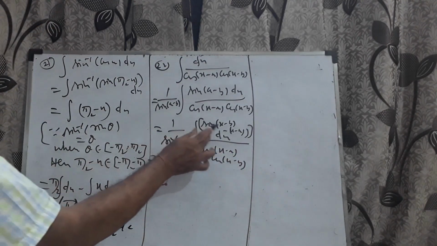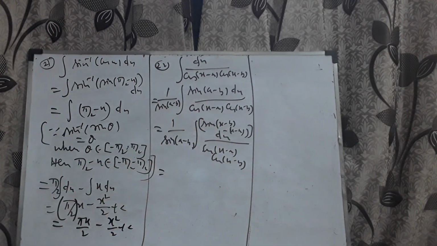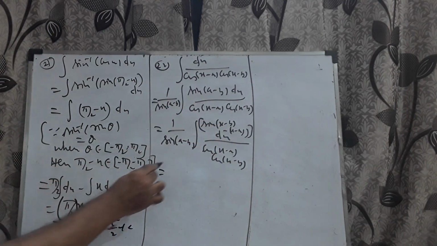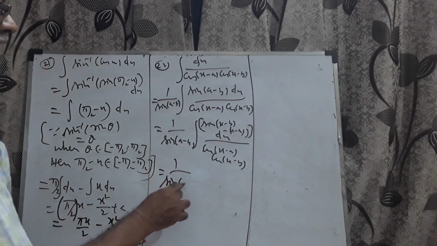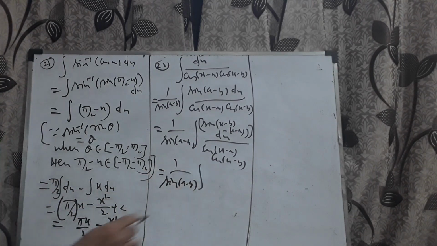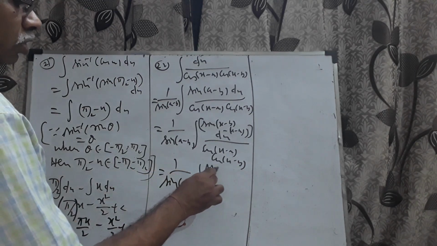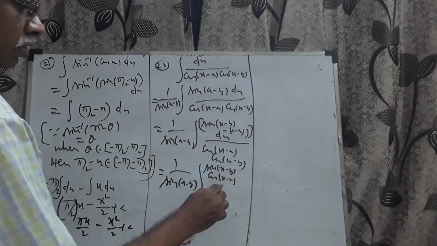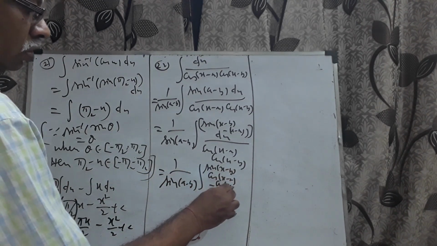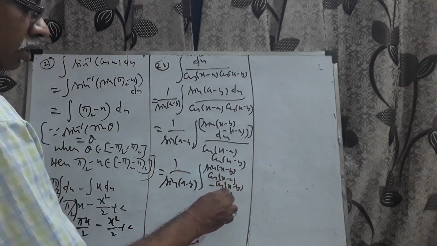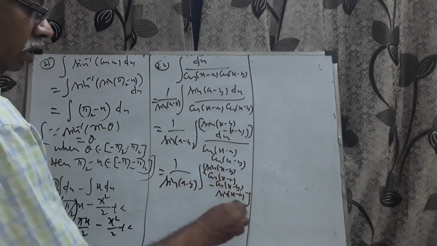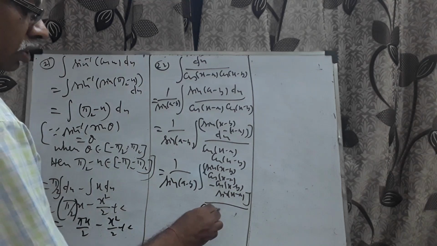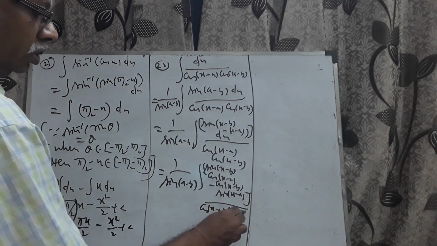Just see here, x gets cancelled, and minus of minus a minus b can be written like this. Now you know very well the sin (a minus b) formula is sin a cos b minus cos a sin b. Let me use the formula here. Sin (x minus b) cos (x minus a) minus cos (x minus b) sin (x minus a), whole divided by cos (x minus a) into cos (x minus b).